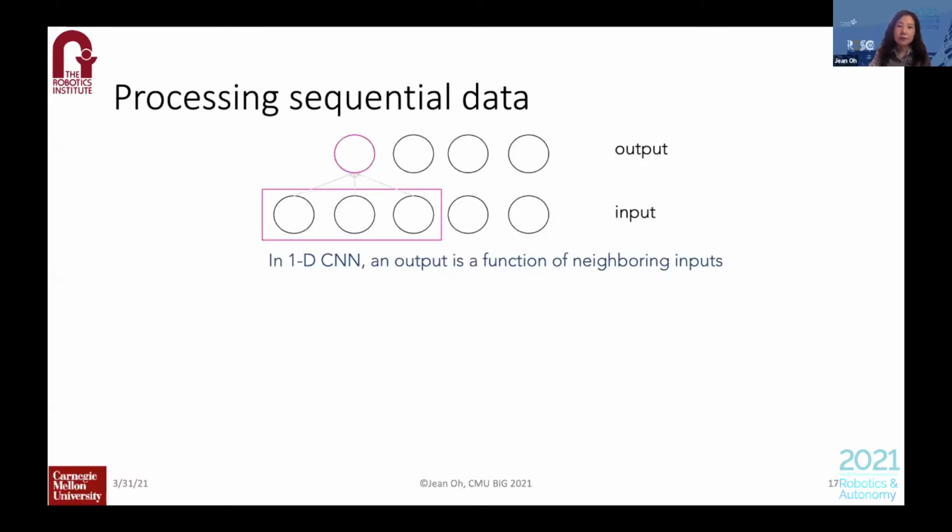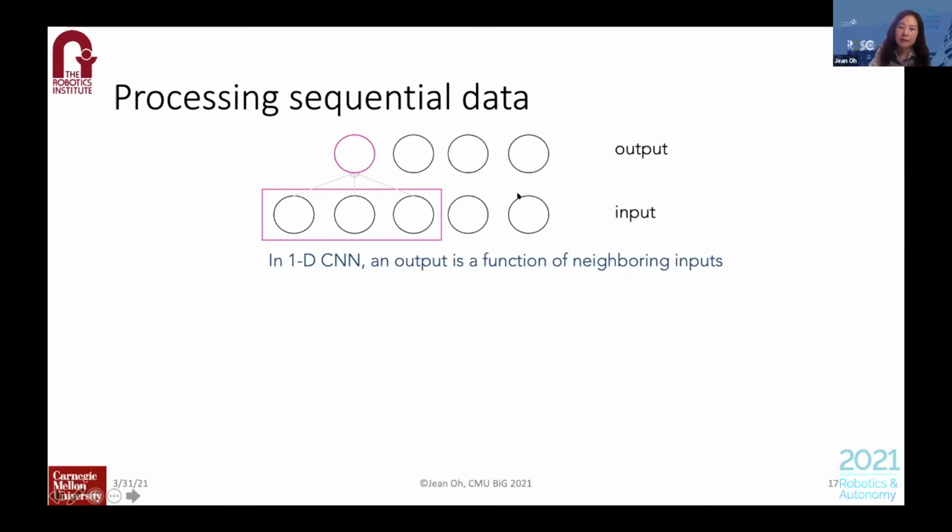Okay, so just to quickly review, if we use CNN, we can see this input as a trajectory, and then we can apply a one-dimensional CNN. Given the input trajectory, the problem is to predict the output, which is the future trajectory.